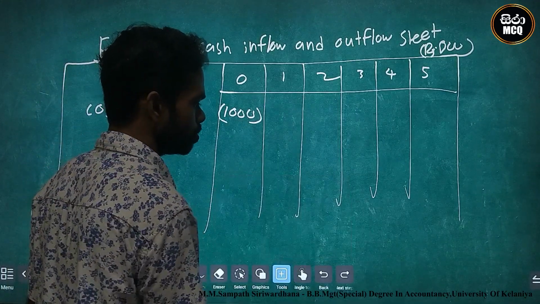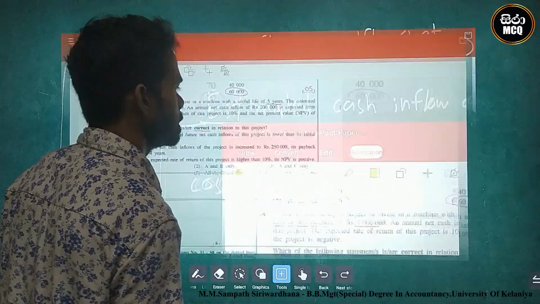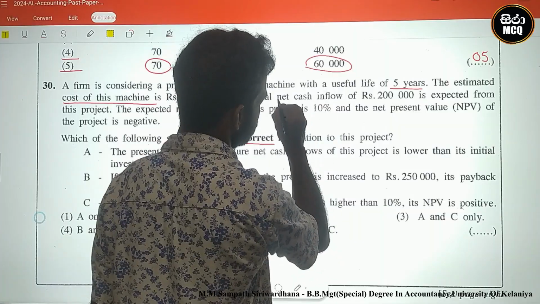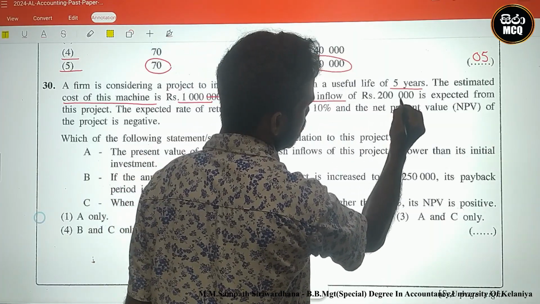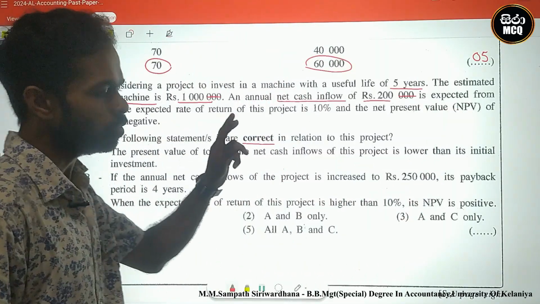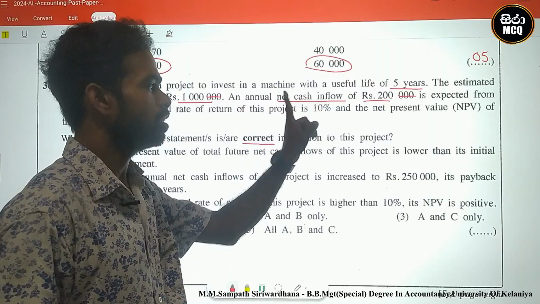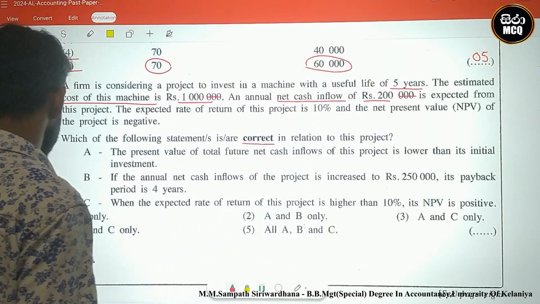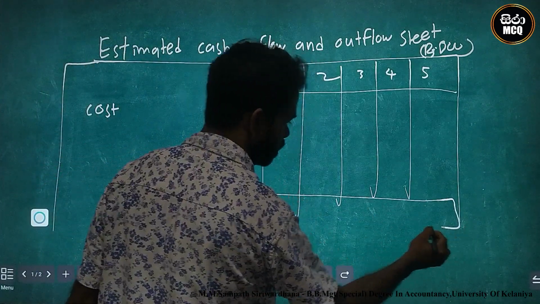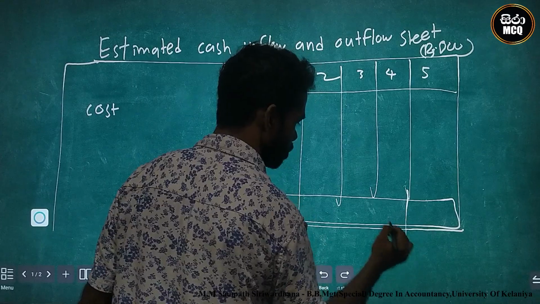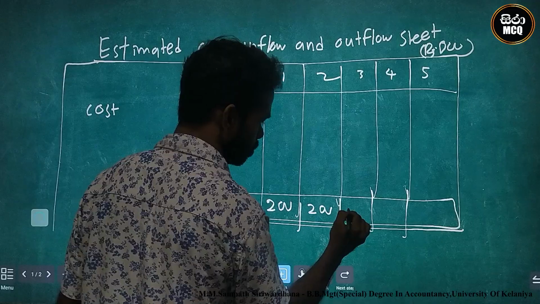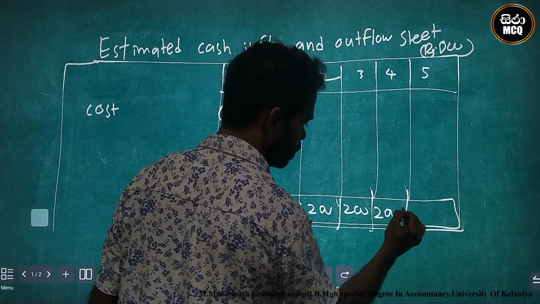Next one. They said the annual net cash inflow of 200 is expected from this project. Annual means each year 200 net cash inflow. Therefore, we can identify this is the final result of this schedule. The net cash inflow is 200 for every year except year 0.